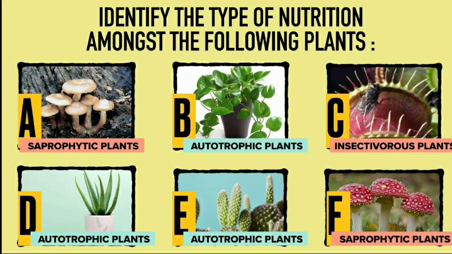Figure A, it is a saprophytic plant. B, it is an autotrophic plant. C, insectivorous plant. D, autotrophic plant. E, autotrophic plant. And F, it is a saprophytic plant. Good.